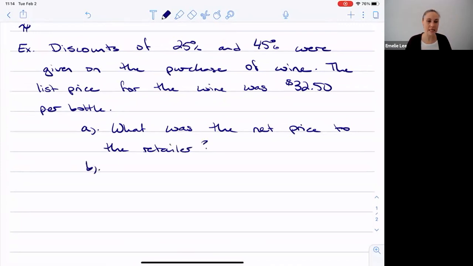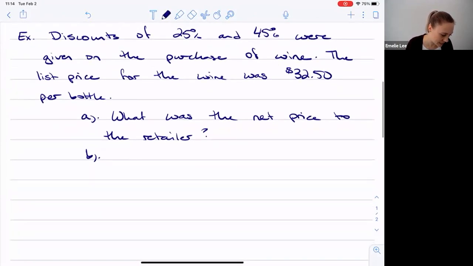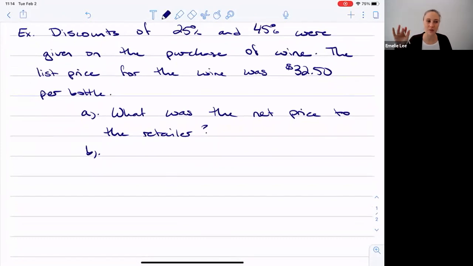And part B. So here we're starting off nice and slow, right? But often the only question that we would ask would be, what single discount would be equivalent to the 25% and 45%? So part B is the one we're building up to.